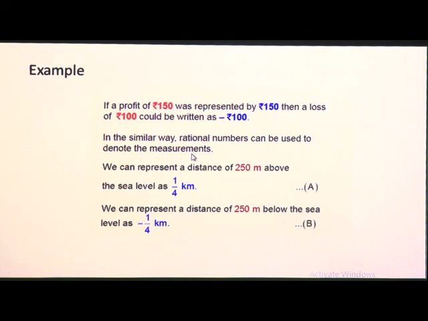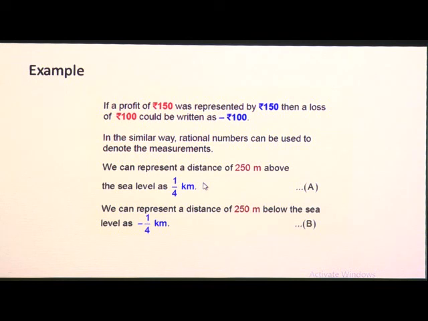Can we represent a distance of 250 meters above the sea level as 1/4 kilometer? This we will see. Above, as we learned in the chapter on integers, means above the sea level.